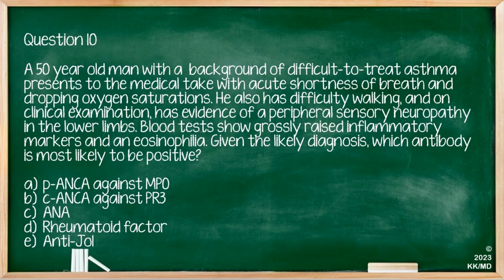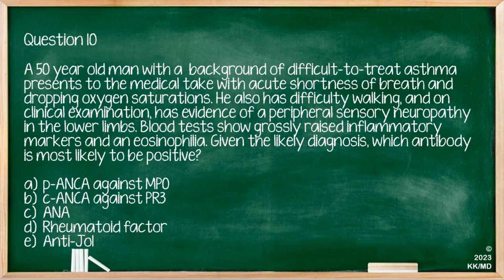If you recall from our lectures on different types of vasculitides, you will remember that this case is hinting quite heavily on the fact that this man has potential diagnosis of EGPA, previously known as Churg-Strauss disease, or eosinophilic granulomatosis with polyangiitis.